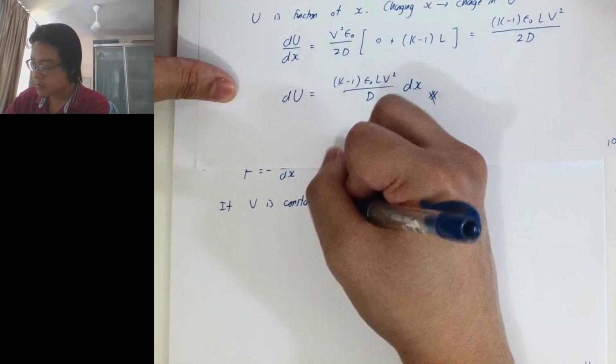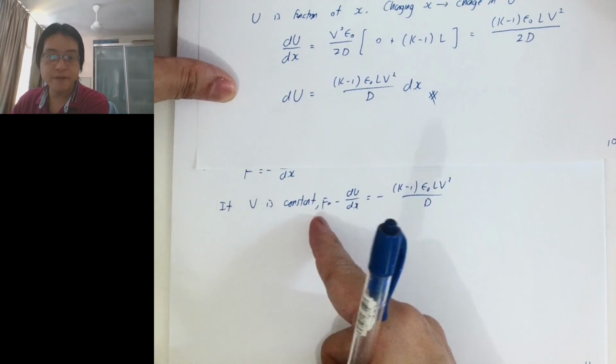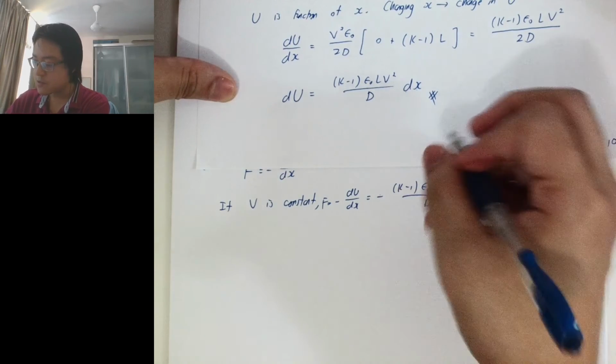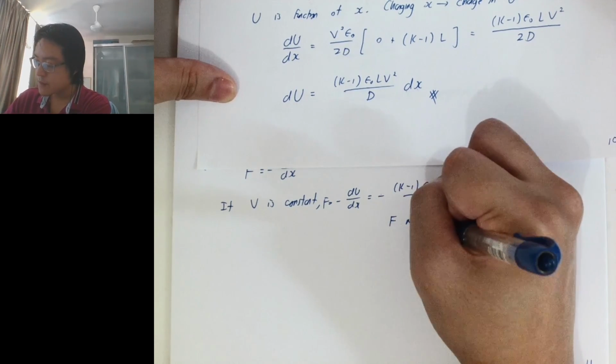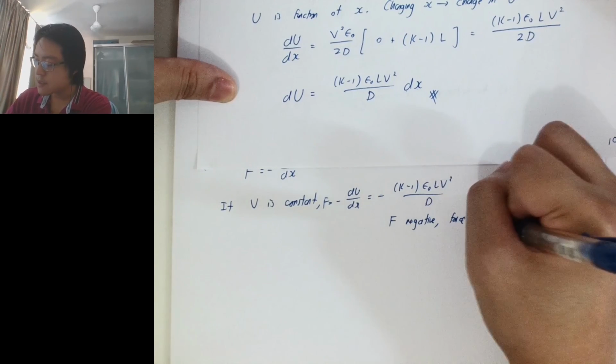Hang on a second. F is equal to minus dU/dx, and I want to find the force. So F is negative, and the force is downwards.